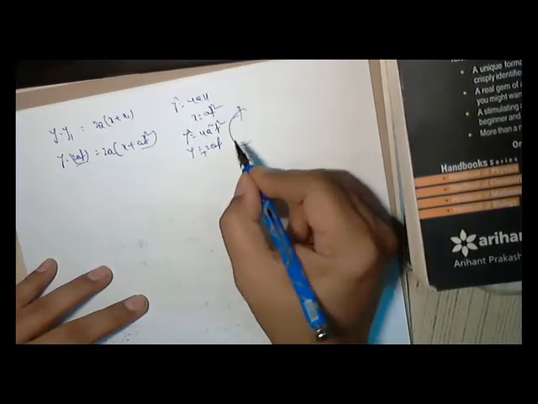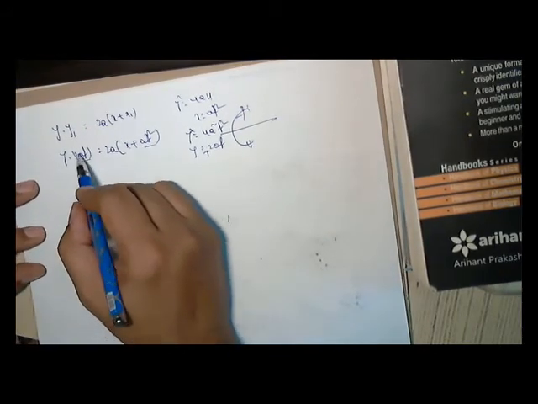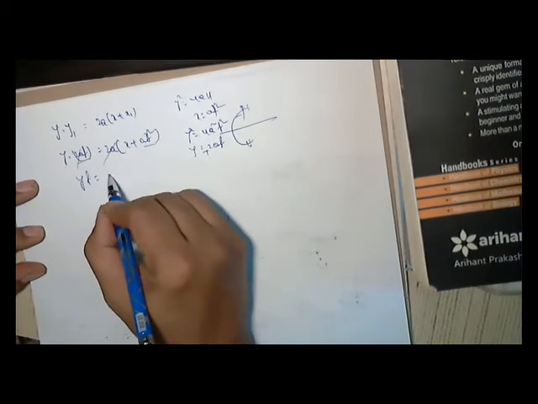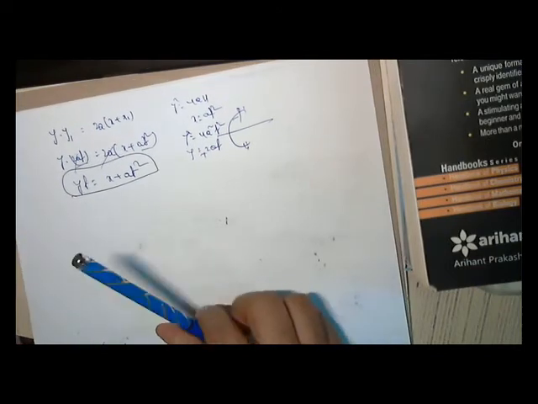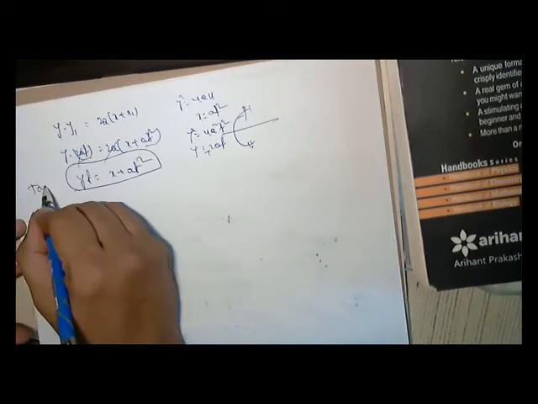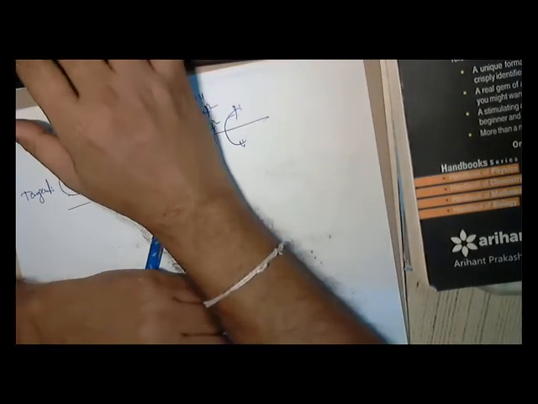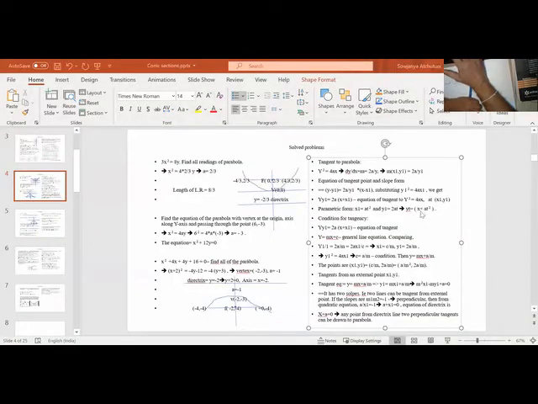So we have the plus side, we have the minus side. So if this is the equation, then 2a gets cancelled. So what is the tangent equation? yt is equal to x plus a t square. This is the tangent to the parabola. So this is what has come here: yt is equal to x plus a t square.